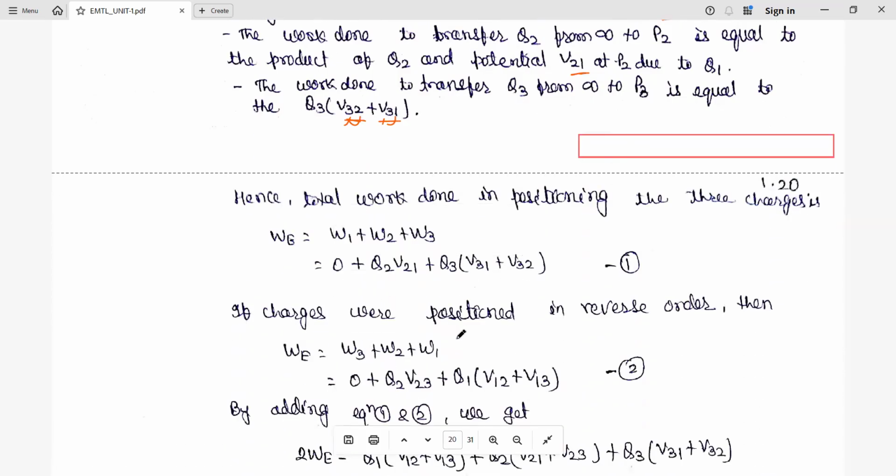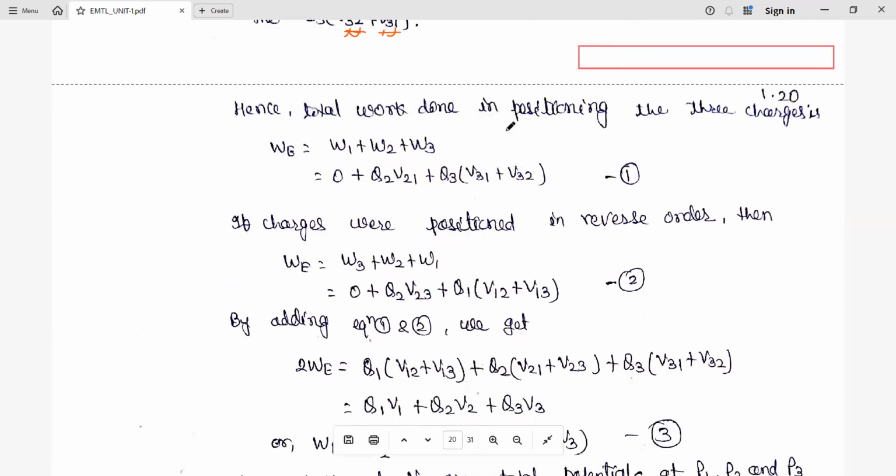Now, the total work done is W1 plus W2 plus W3. W1 value is 0, W2 is Q2 into V21, and for Q3, that is W3, we have Q3 into V31 plus V32, since at that time charge Q1 as well as charge Q2 both were available.